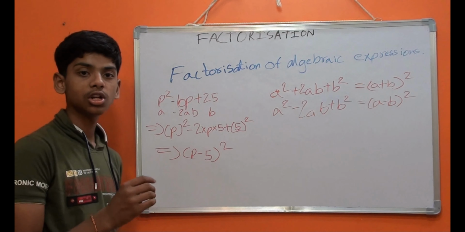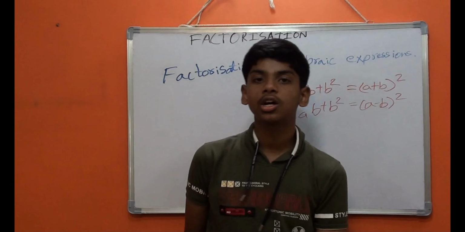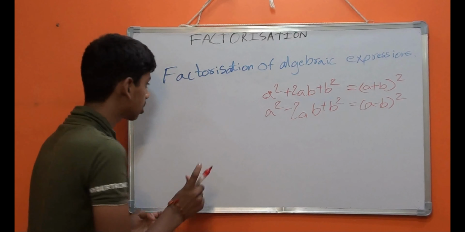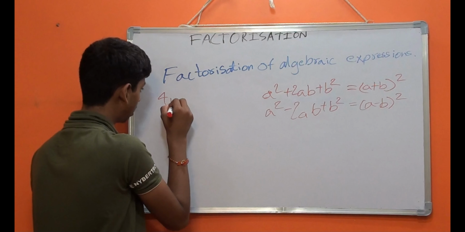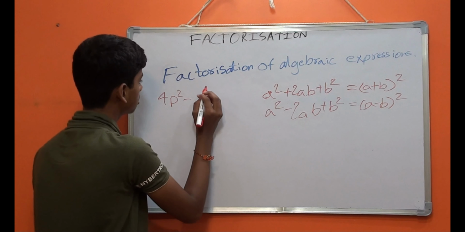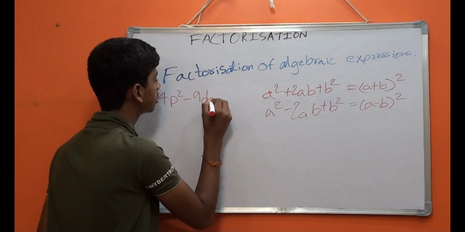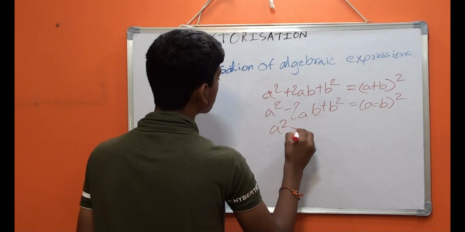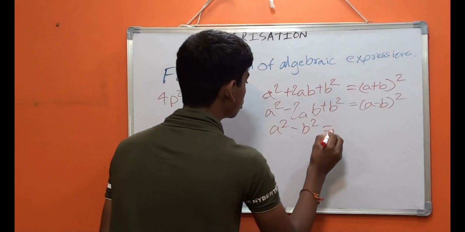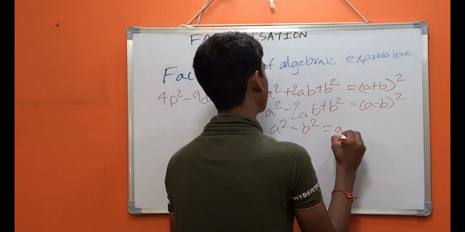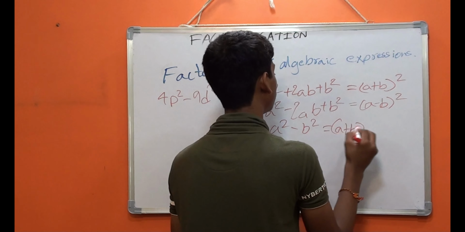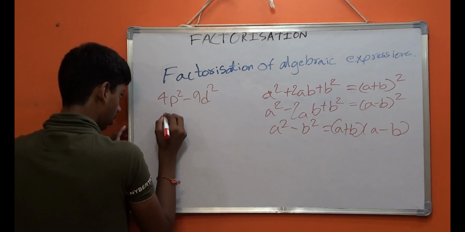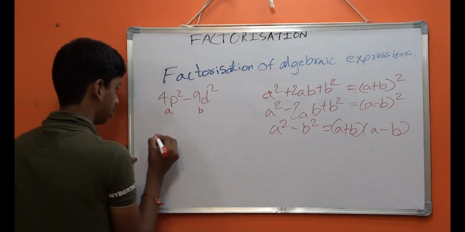Now let's go on to the next question. So guys, now we'll go on to the next question. That question is 4p square minus 9d square. So this question is in the form of a square minus b square. So this equals (a plus b) into (a minus b). So this is a and this is b.